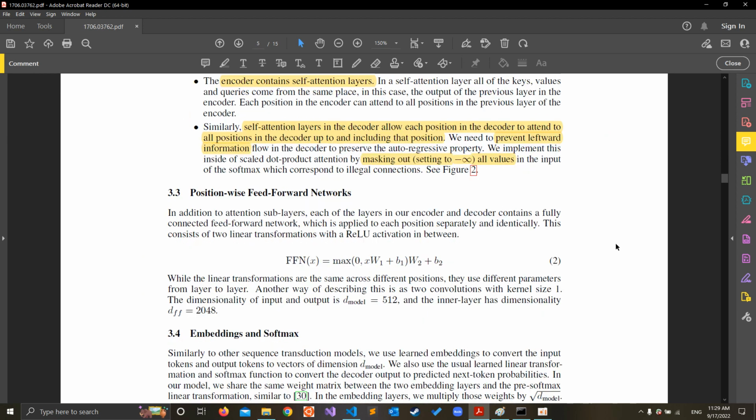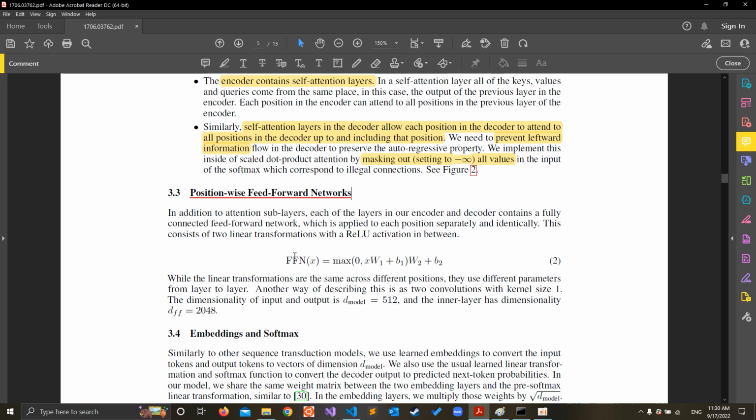Let's continue the paper. Then we are going to talk about position-wise feed-forward networks. What is position-wise feed-forward? We know what feed-forward networks are, but we don't know what it means to say position-wise feed-forward networks.